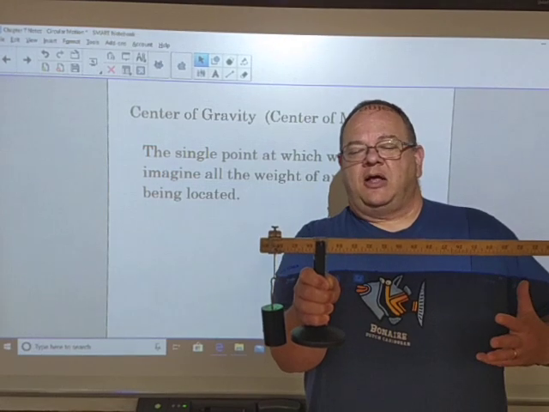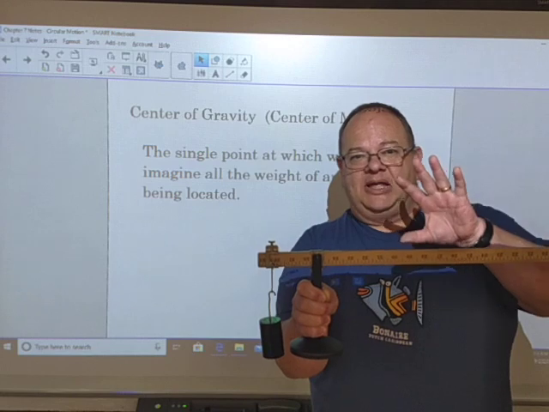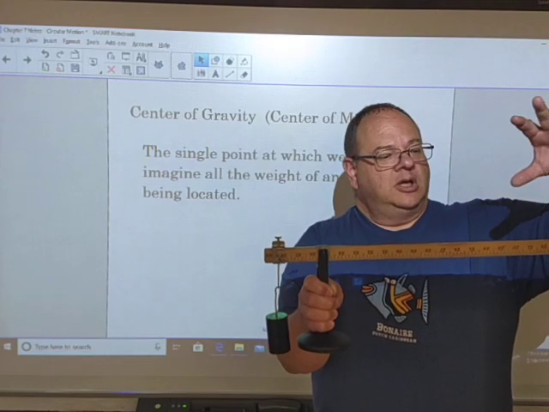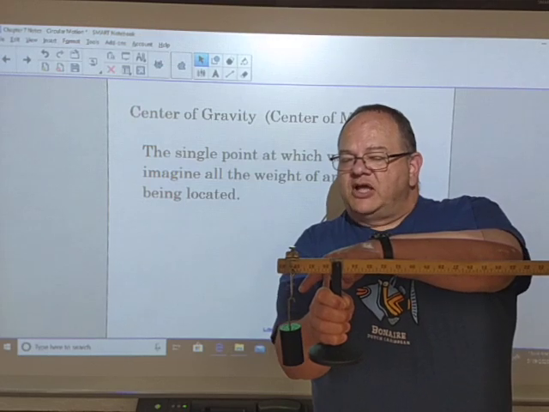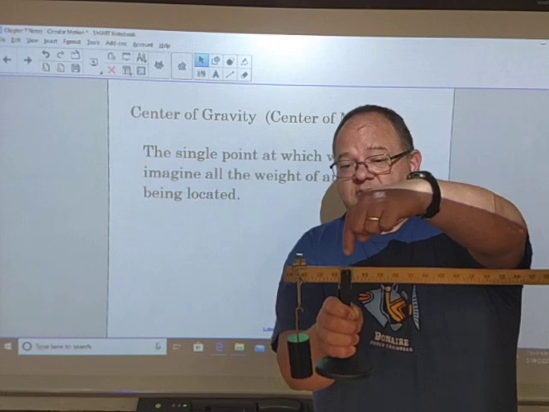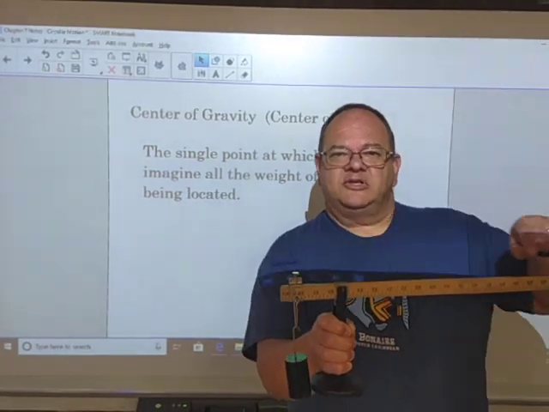So how is this balanced? What we could look at is that the meter stick by itself would have a center of mass right around the 50. But this mass right here is balancing all that. The center of mass of the system is here. We're going to have to be able to understand mathematically this relationship.